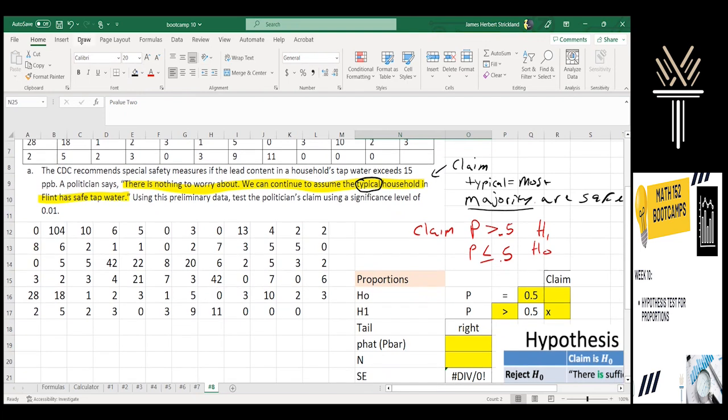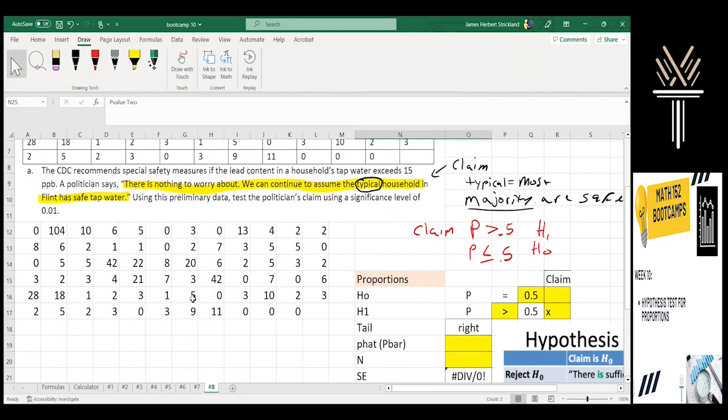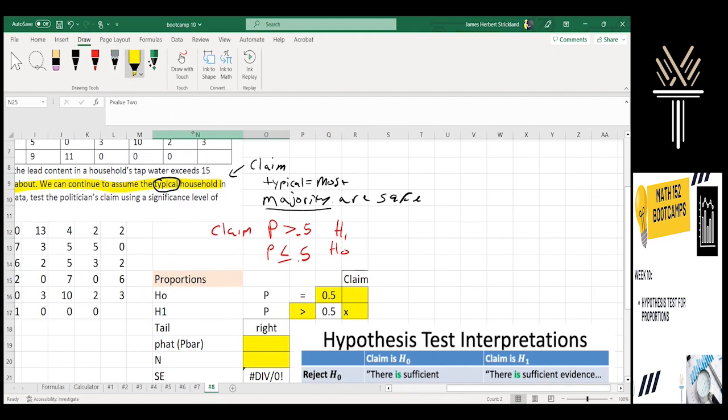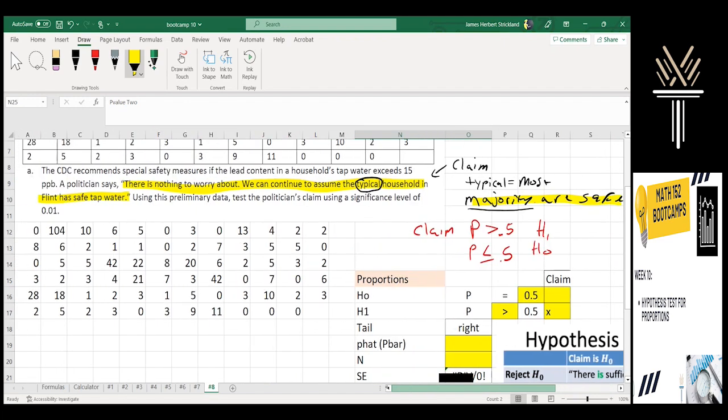So p-hat, of course, you've got to be careful about this now. He's talking about majority are safe. How do we define safe? Well, it's not safe for lead if you have more than 15. So if it's greater than 15, it's not safe, which means if it's less than or equal to 15, then it's safe.